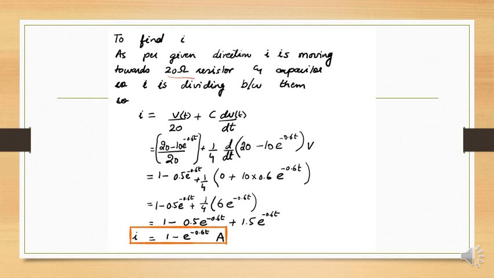So we put in V of t, which we found as 20 minus 10 e raised to minus 0.6t, and similarly we apply the derivative to this voltage. After simplification of each step and combining all, we get the current as 1 minus e raised to the power minus 0.6t amperes.